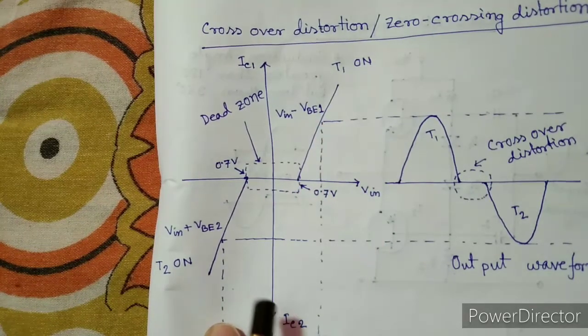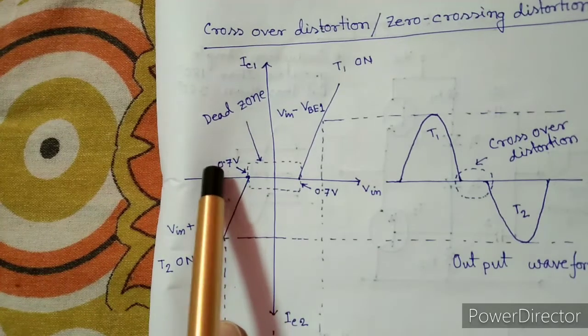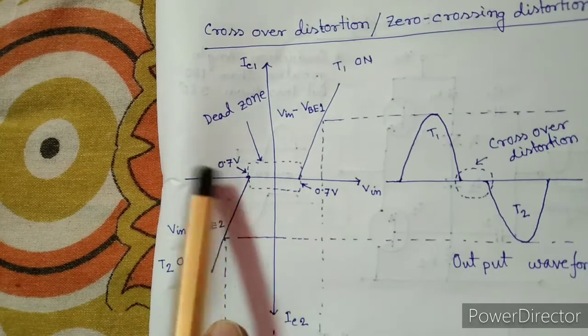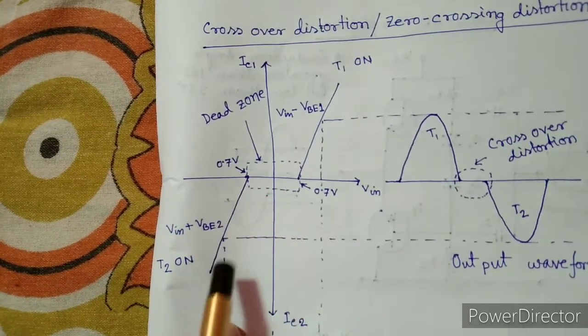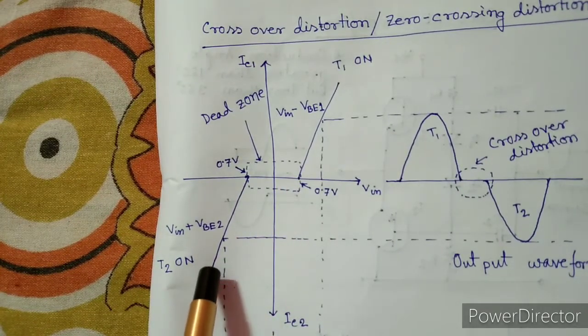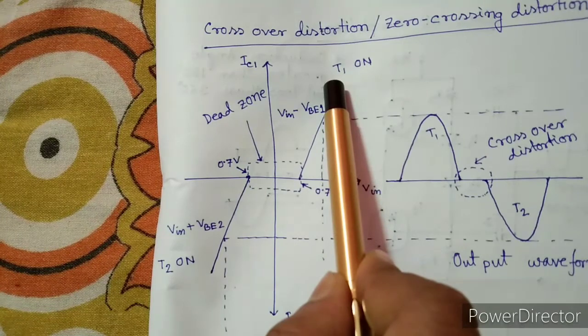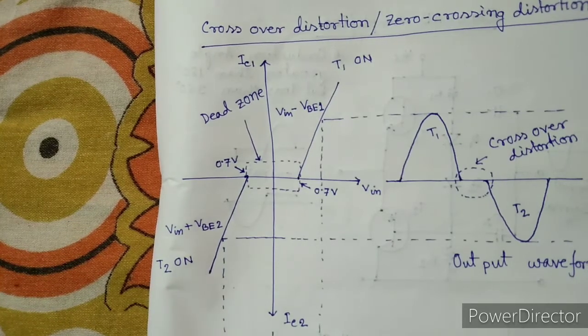For transistor T2, when the input is below minus 0.7, then the base emitter will be in forward bias, and through the T2 transistor the IC current will flow. That means, when T1 is on, then T2 is off, and when T2 is on, then T1 is off.